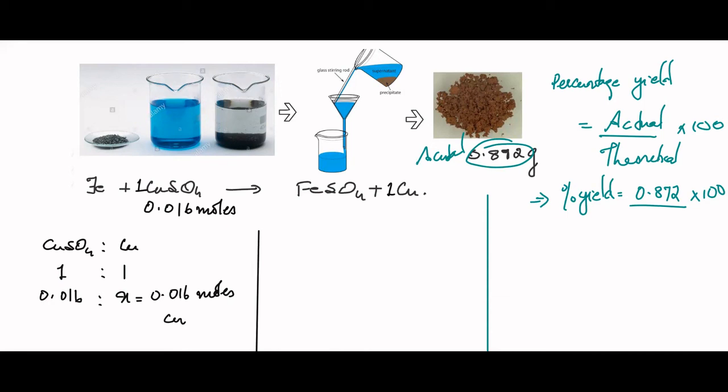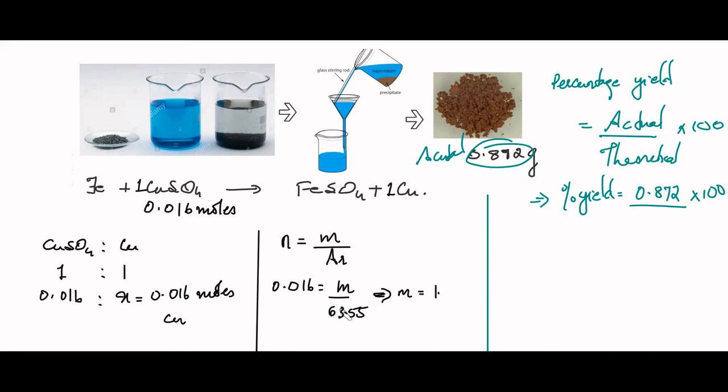Now our next aim is to find the mass of copper. In order to find the mass of copper, number of moles is equal to mass over atomic mass of copper. So number of moles 0.016 is equal to mass, which is what we are supposed to calculate and is unknown to us, over the atomic mass of copper, 63.55.